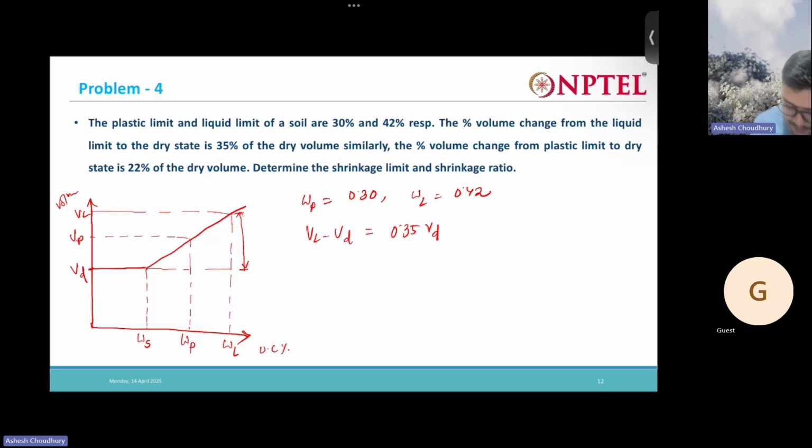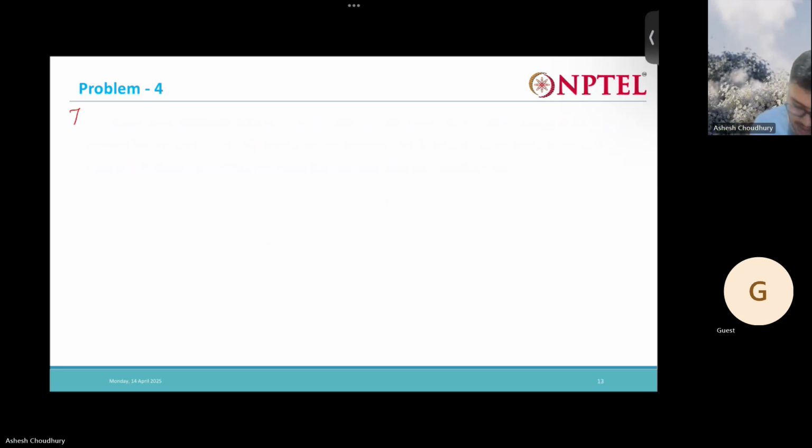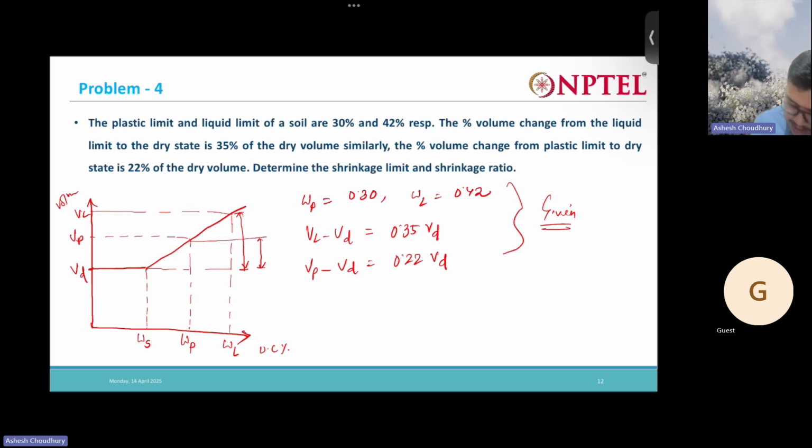And similarly the volume change from plastic to dry is 22% of the dry volume. These are all given to us. Now taking slopes, we have to find WS.